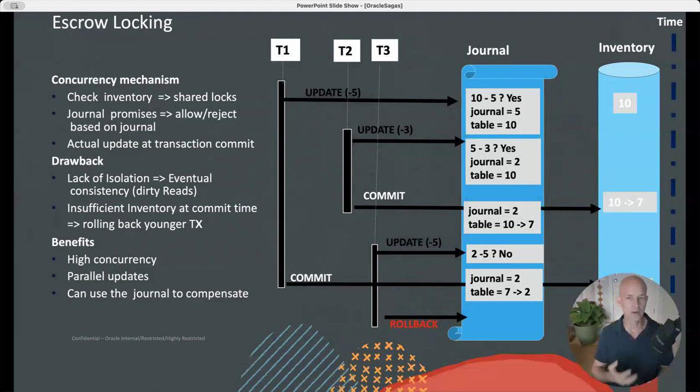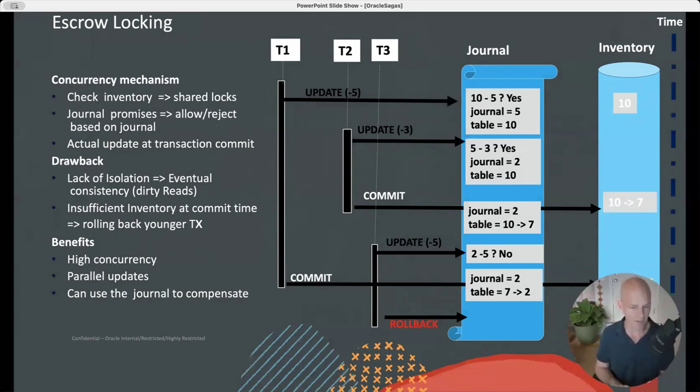So here we see an update comes in to reduce the inventory, and the journal is reduced. Another one comes in, it's reduced and committed. So the journal says in the first place that it can accept it because it knows the amount's there, and then it commits it, and then it finally flushes it to the database.